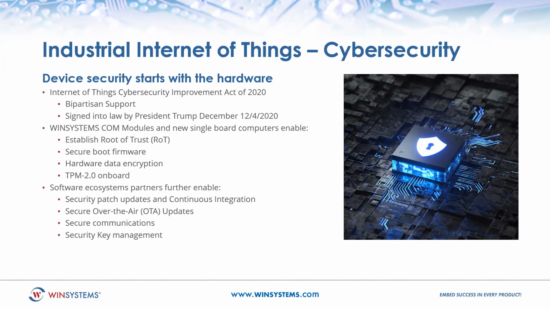That it includes making sure that the hardware is enabled to develop a root of trust, that you've got secure boot firmware. TPM 2.0 is a requirement on many products, not all, but many. And the software ecosystems around that to do over-the-air updates, security patches, and make sure that you're starting with a program that can do secure communications from the beginning. Next slide.